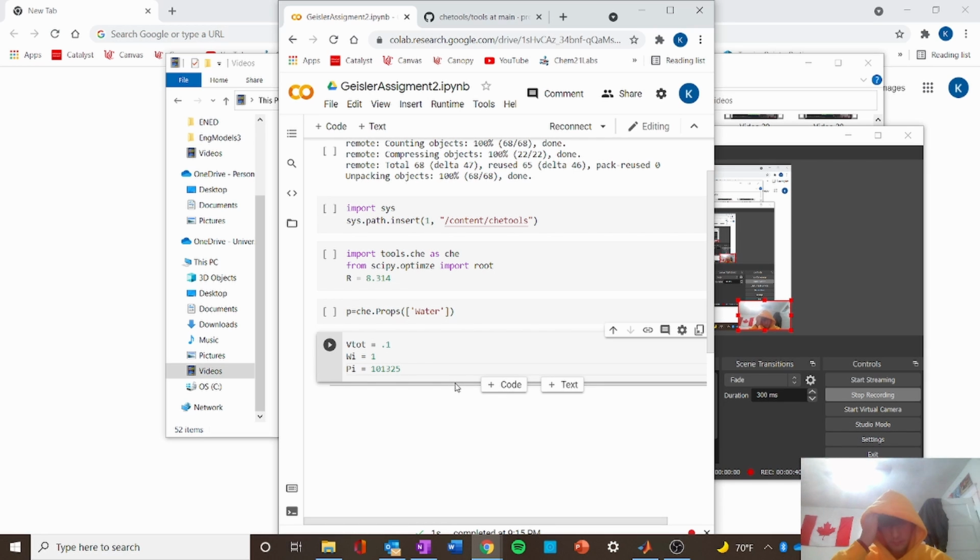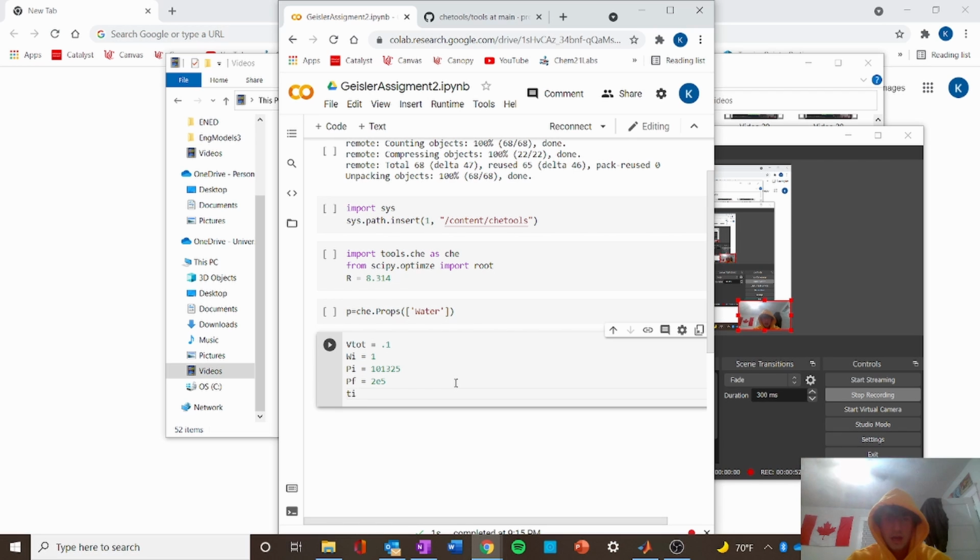The final pressure is 2e5, which is 205 kilopascals, and the initial temperature TI is 298 Kelvin.